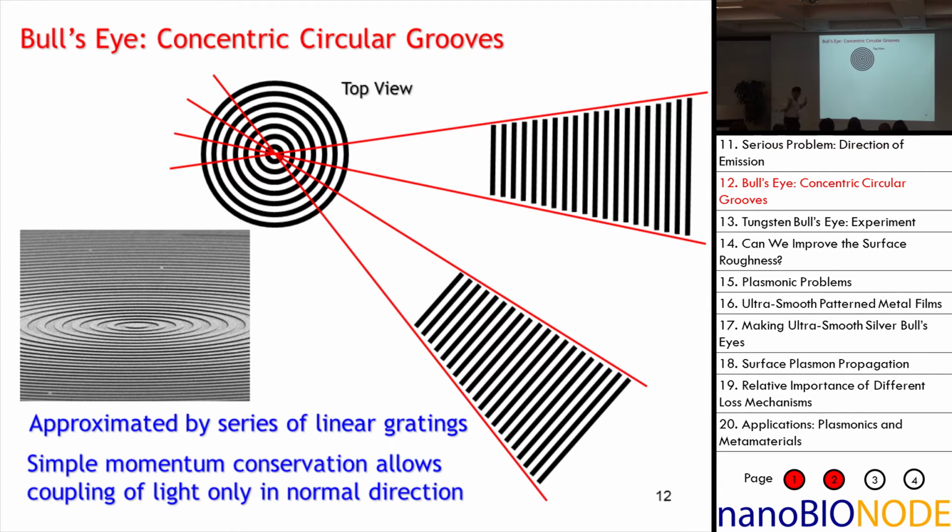Fortunately, the answer was yes, there is no such roadblock when it comes to fundamental physics. The answer that we came up with was to create these metallic grooves, or bullseye-like structure, which can simply be approximated as a lot of linear gratings that can provide momentum in different directions. So as a first approximation, you can approximate this as a series of linear gratings in all dimensions.